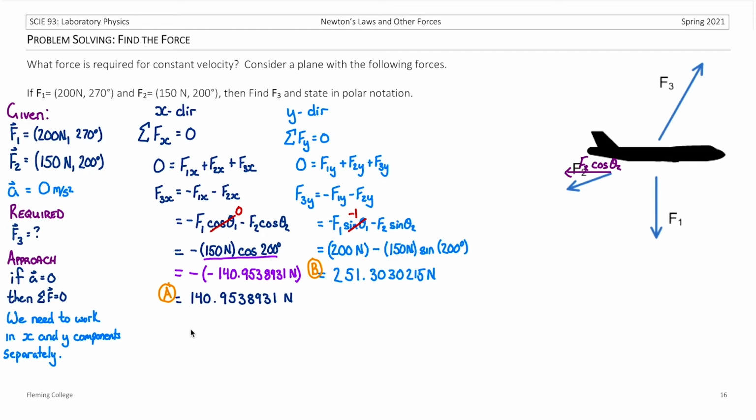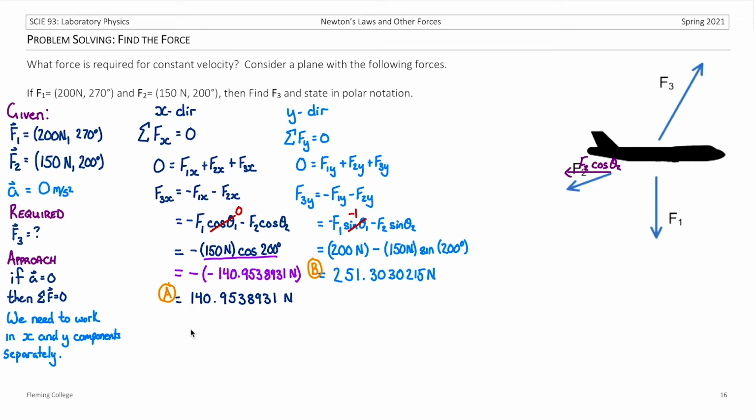Now would be a good time to confirm for yourself, do I expect a positive X and a positive Y? If we look at force 3, we're moving right for the x coordinate and up for the y coordinate. So yes, I expect these values to be positive. And as you saw from that quick sketch of the components, we expect the y value to be greater.